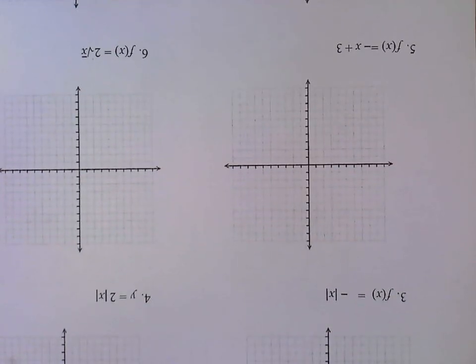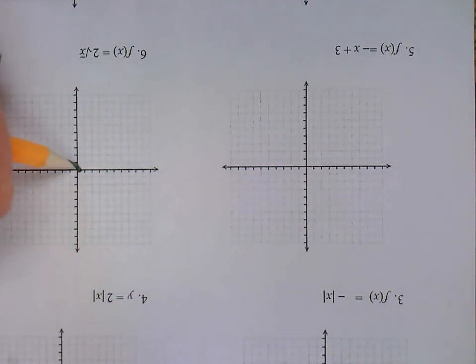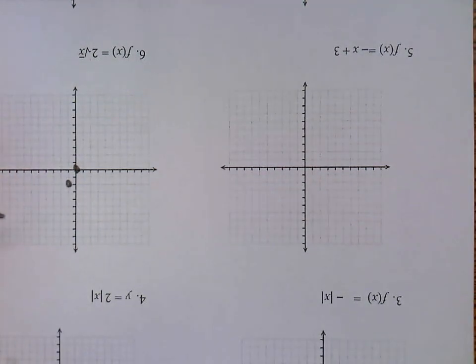Let's see, number 4, absolute value of x that's been stretched times 2. So it's just going to make your slope steeper. So I still go over 1, but twice as steep, times 2. And it normally is 2, 2, so it's going to be 2, 4.